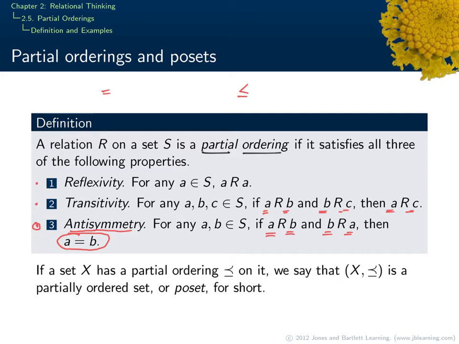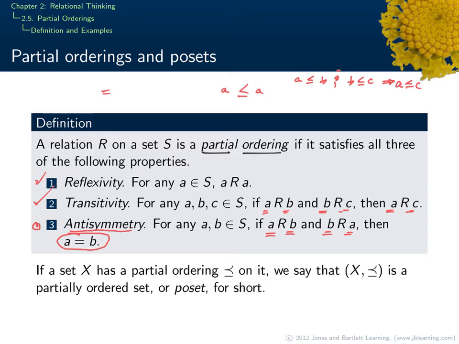For instance, any number is less than or equal to itself. And if A is less than or equal to B, and B is less than or equal to C, then that implies that A is less than or equal to C. So that gives us reflexivity and transitivity.